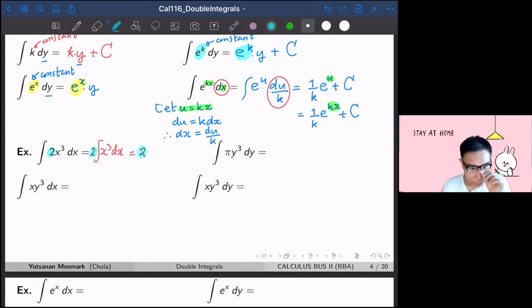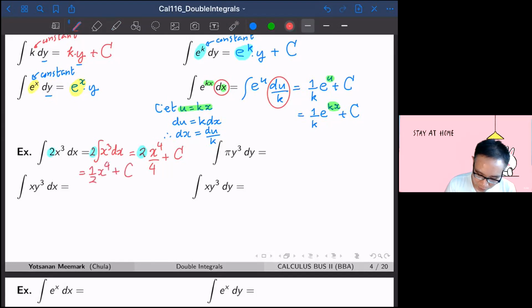And you have integrate x cubed dx, so it's going to be x to the 4th over 4 as usual. So this one is going to be x to the 4th over 4 plus c, and this one final answer would be 1 over 2 x to the 4th plus c.